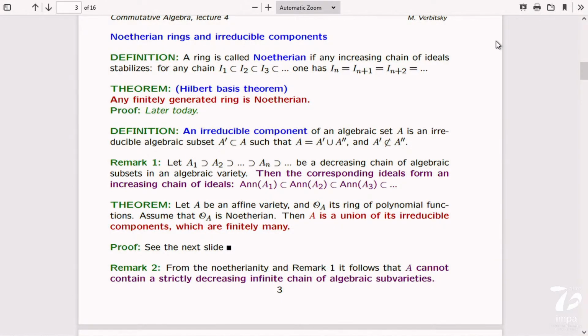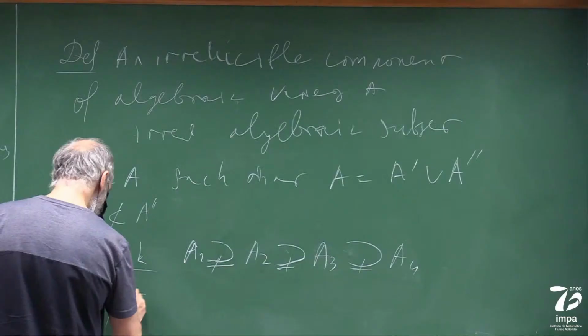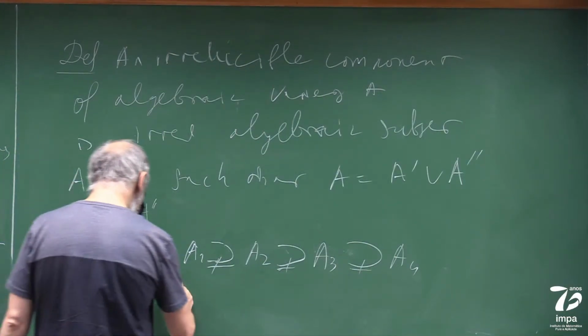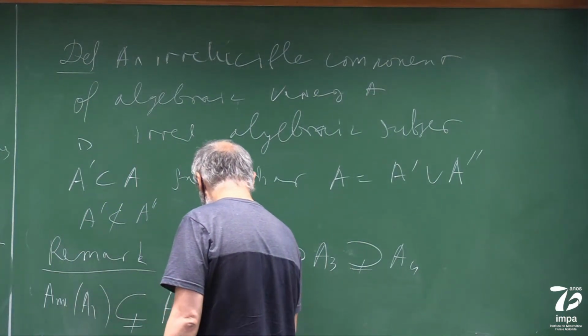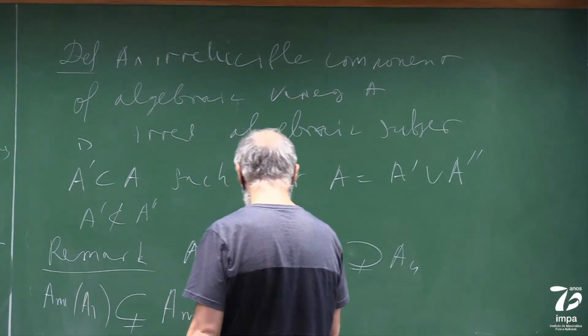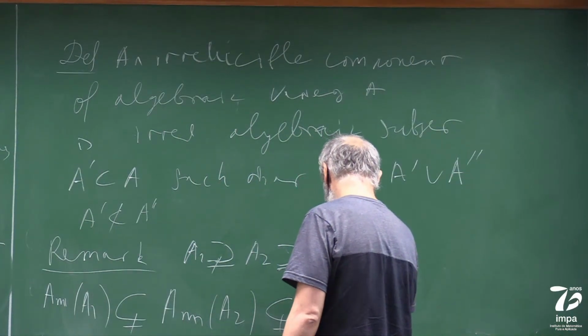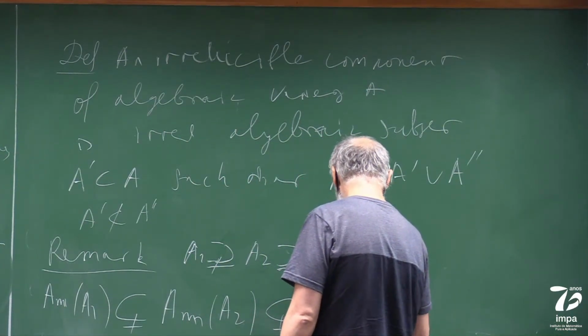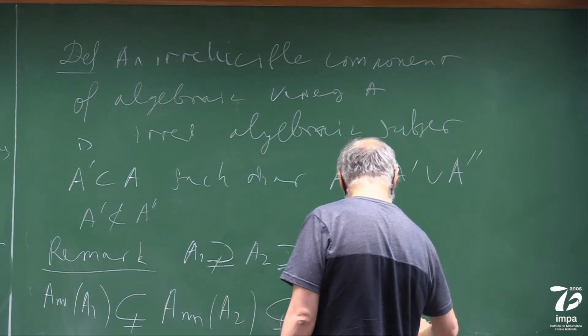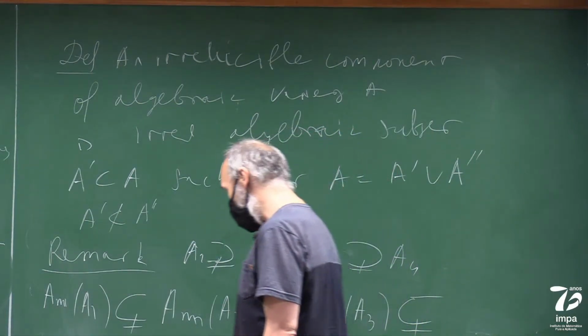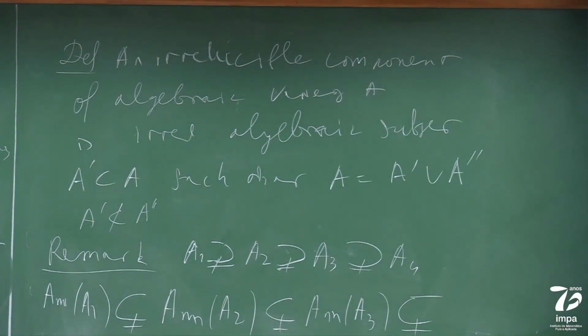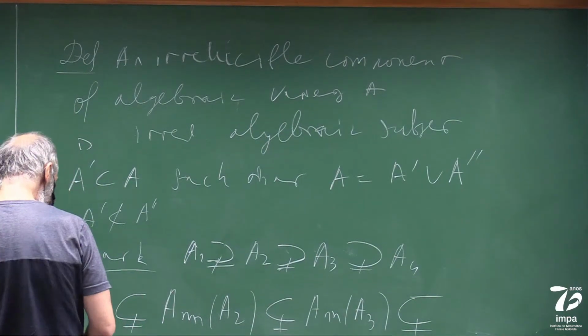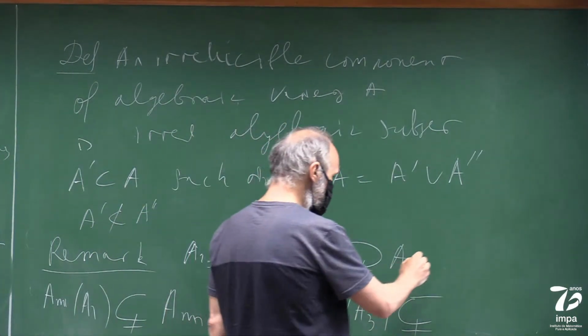So A1 is the biggest of them, so its ideal is the smallest. It's strictly contained inside the annihilator of A2, which is strictly contained in the annihilator of A3, and so on. By Hilbert's basis theorem, we know that this chain terminates. So then the chain of subvarieties terminates.